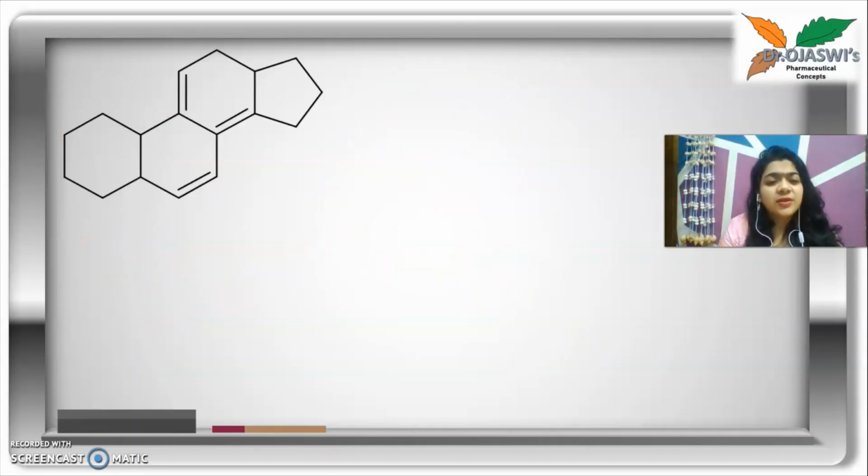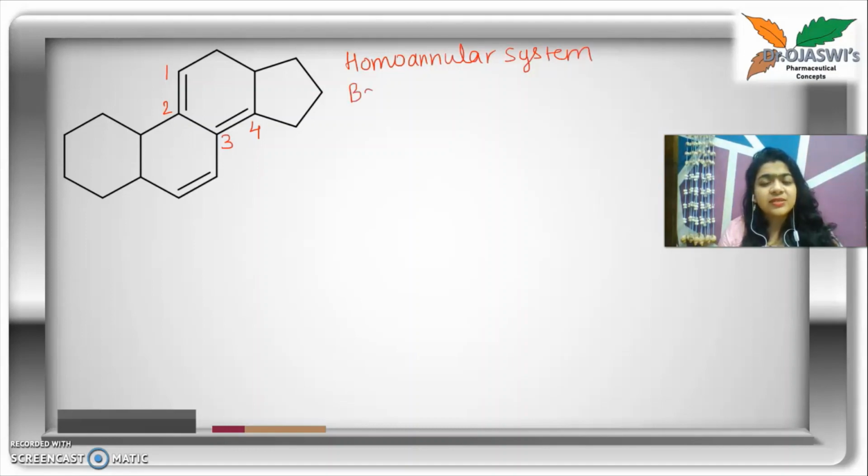This is the next structure. Here also can you identify it as a homoannular system, because I see two double bonds in one ring which are in conjugation. So quickly, which base value should I write? What is the base value for a homoannular system?